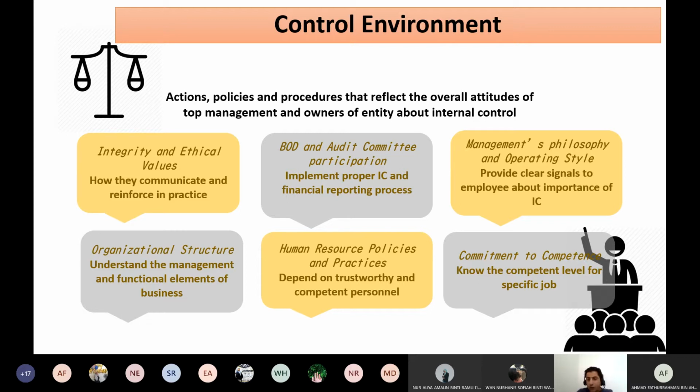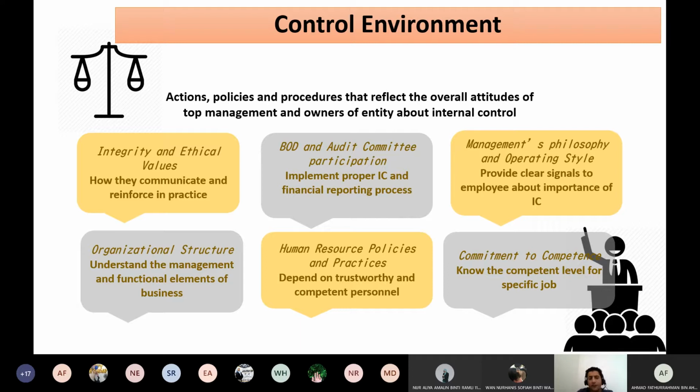The management philosophy and operational style provides a clear signal to the employees about the importance of internal control. And for this one, we can refer to the example that I gave just now about the manager coming or punching in early in the morning.